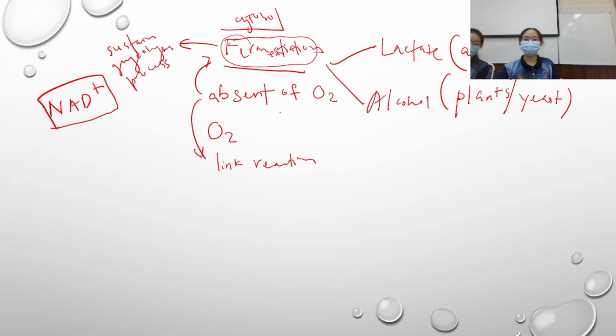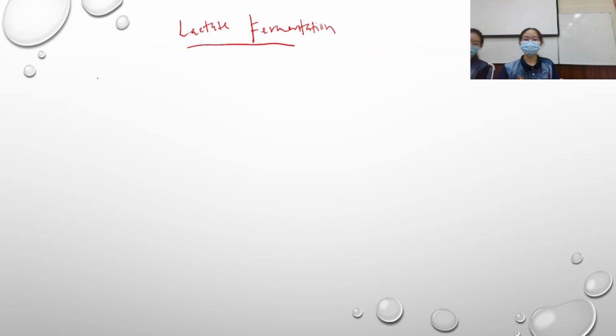Now we will talk about the first fermentation, which is lactate fermentation. Fermentation is the same as aerobic respiration in that it also undergoes glycolysis. In glycolysis, glucose is oxidized to 2 pyruvate, and it also produces 2 ATP from ADP.